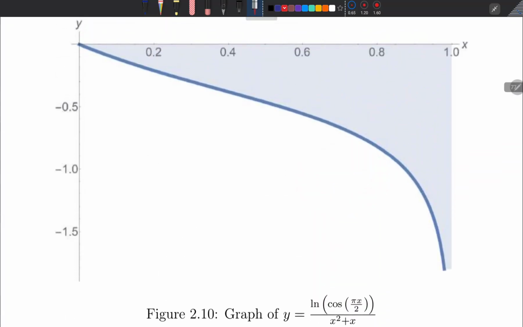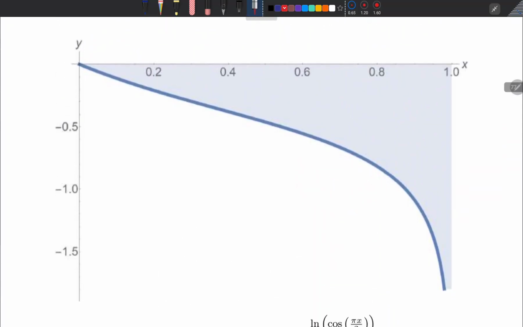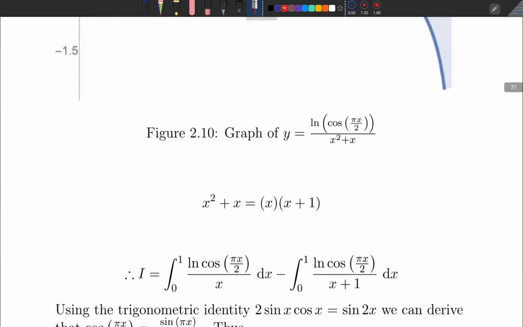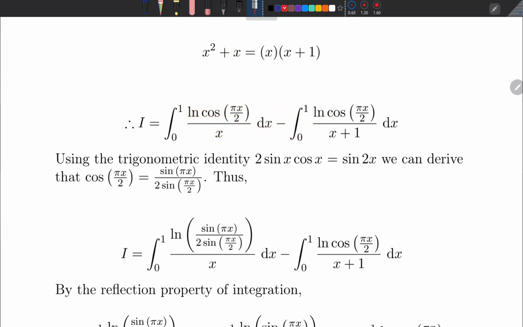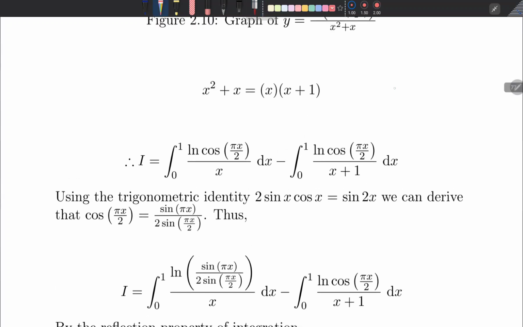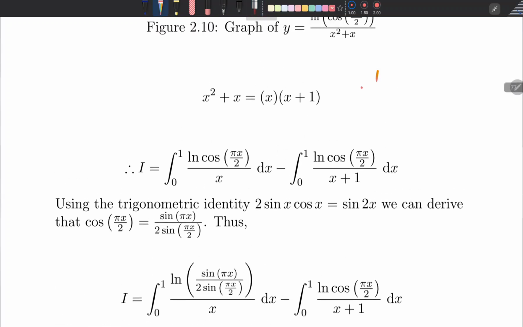I think these graphs are all made by Desmos, I'm not sure, but mostly it's done by Desmos only. We have factored it out as x times x plus 1, right? If we have 1 over x times x plus 1, this can be written as x plus 1 minus x over x times x plus 1.